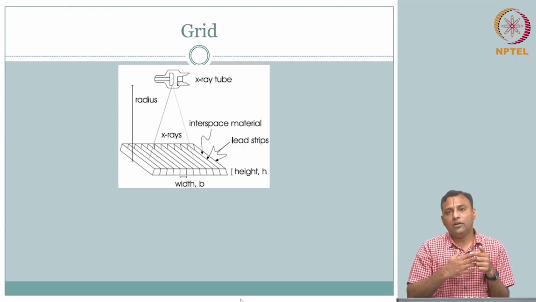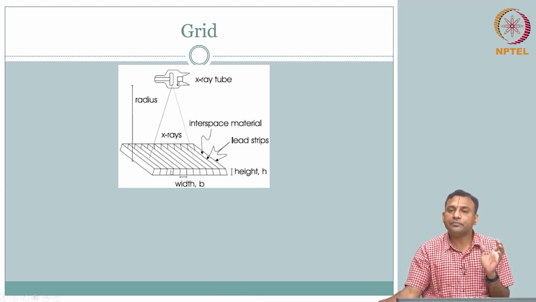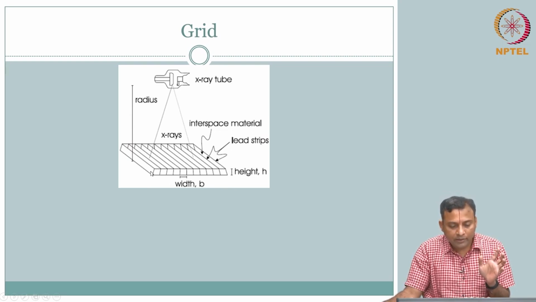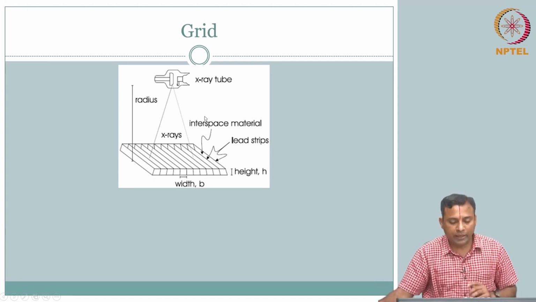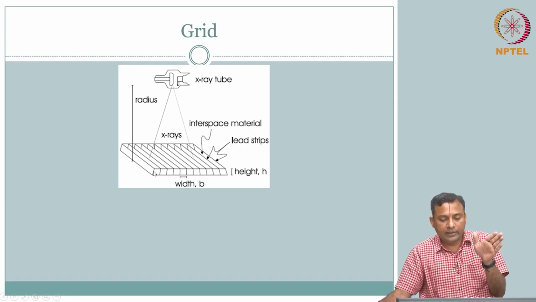So what can I do? I can have lead strategically organized. What is the strategy here? It is organized in a linear grid fashion. Not only that, you can appreciate that it is not parallel lines. It has a focus, there is a tilt that you can see.